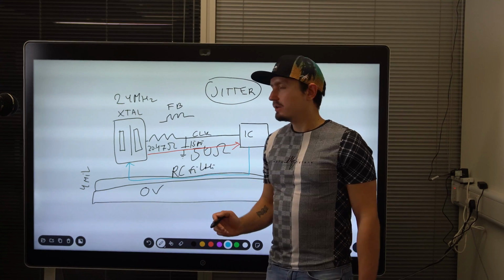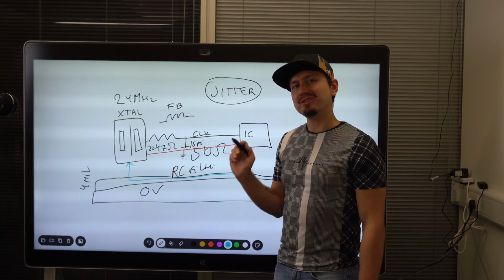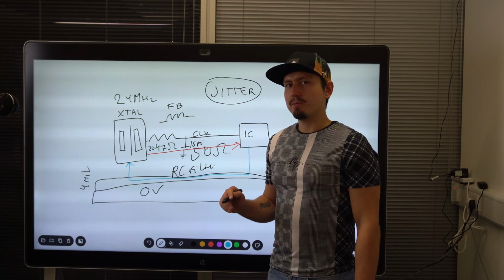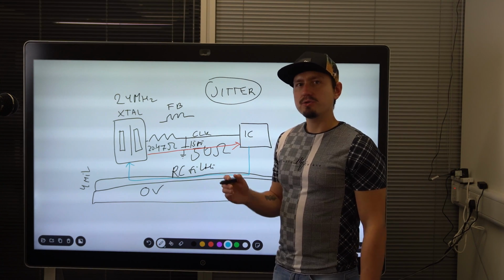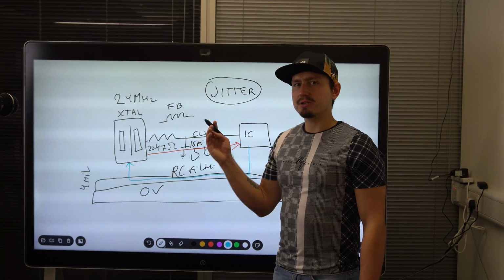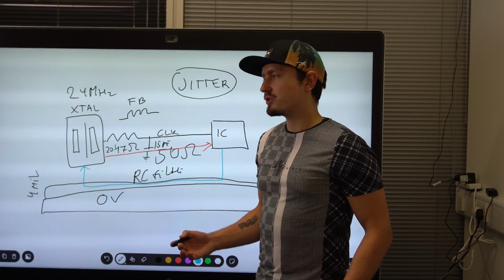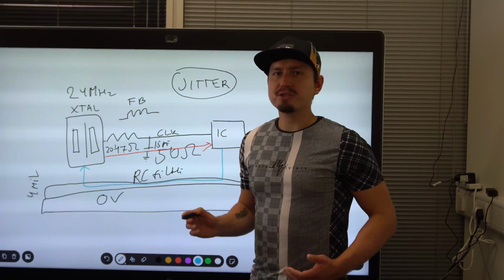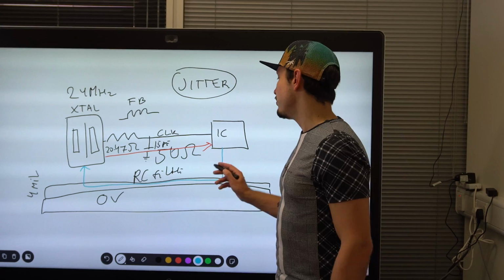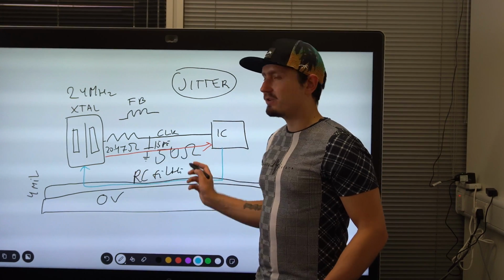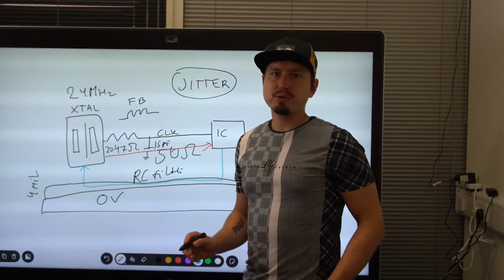So the current doesn't necessarily flow in the trace, but it flows in the dielectric most of the time, and you should watch Rick Hartley's video about it if you want to learn more. The main conclusion I want to draw here is that you must always pay close attention to your return current paths, and think about it from the current path point of view.